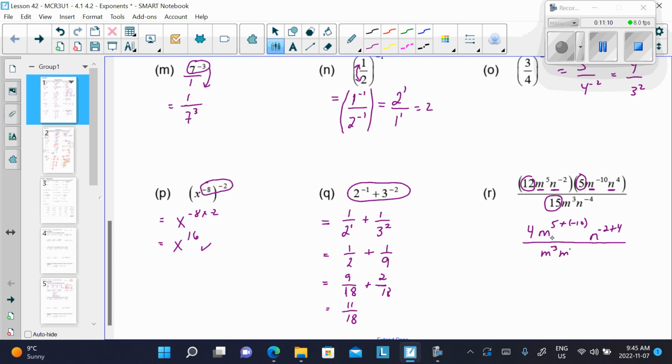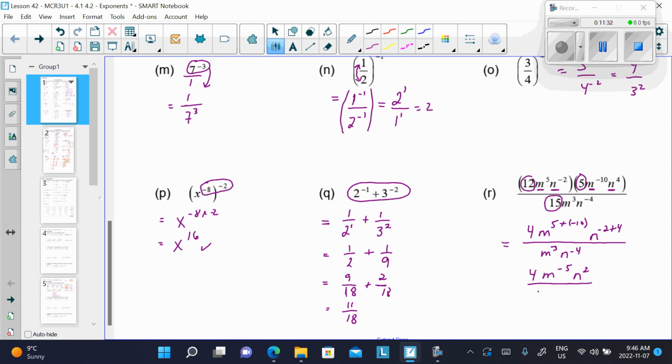Oops, that was an m. Should be an n. n to the negative 4. All right. So that will give you m, exponent 5 subtract 10 is negative 5. And then n will have a 2.